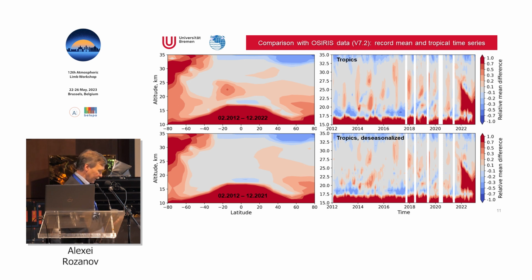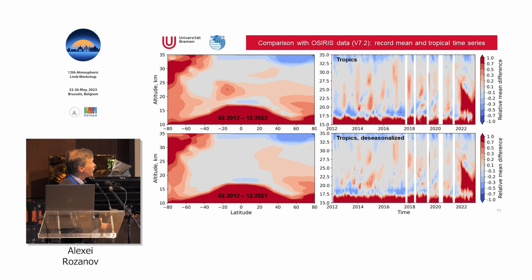And now, just an overview comparison with OSIRIS. Here is the average over all the years from 2012 to 2022, and below the same but before the Hunga Tonga year, just up to 2021. You see that this blob is caused by the Hunga Tonga eruption, and the remaining features are almost 10-20%, with the exception of the polar structure.